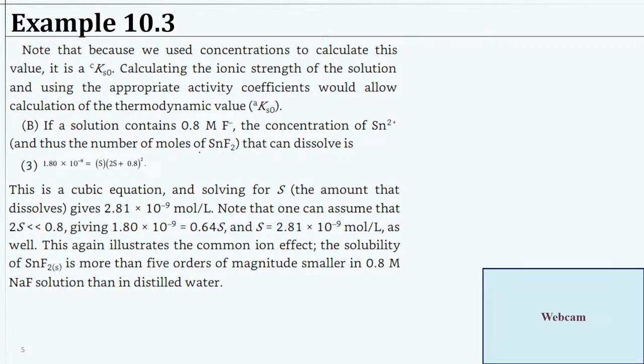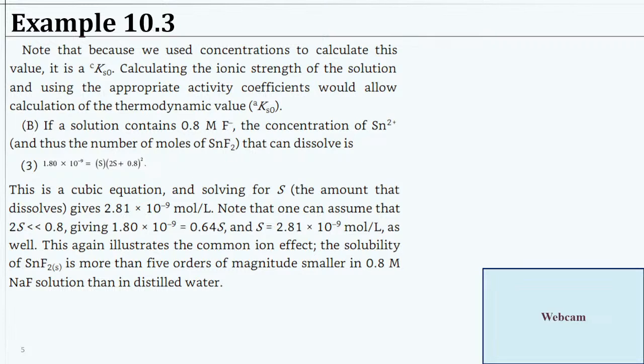Note that one can assume that 2s is a lot smaller than 0.8, so basically we can probably just ignore that 2s in the function there and just square the 0.8, and it'll probably be good enough. So that gives us, if we write it out, 1.8 times 10 to the minus 9 equals 0.64s, and then that means S would have to be 2.81 times 10 to the minus 9 moles per liter.